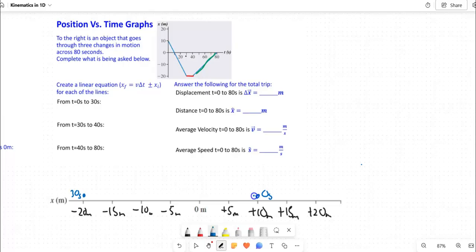So this line is really long, and I'm trying not to make a mistake. So it took 5, 10, 15, 20, 25, 30. So it has a velocity of negative 30 meters over the period of 30 seconds.